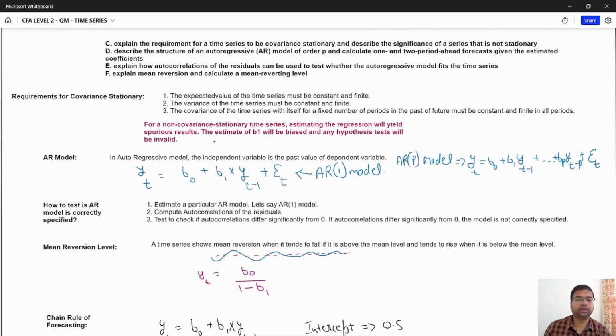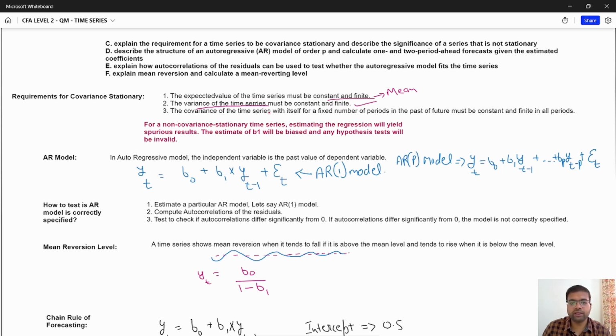So let's come to the next learning outcome statement. It says explain the requirements for a time series to be covariance stationary. So what are the requirements? First of all, the expected value of the time series must be constant and finite, and the expected value is also the mean of the time series. So the mean must be constant and finite for that time series to be covariance stationary. The variance of the time series must be constant and finite.